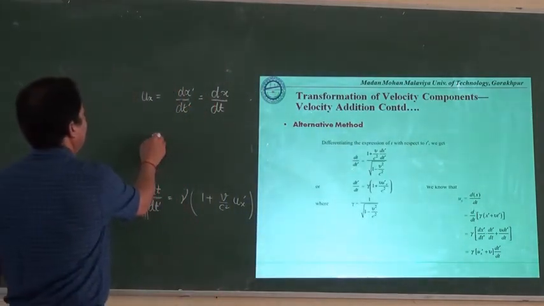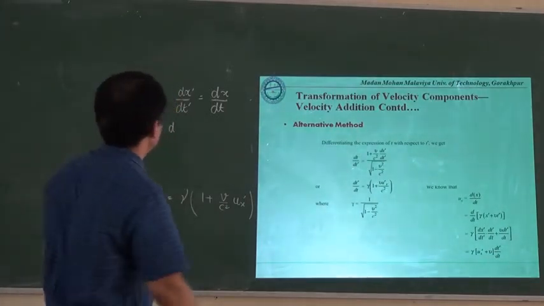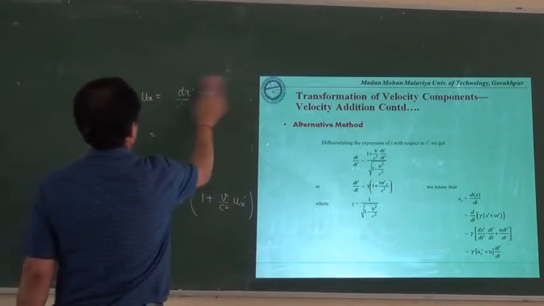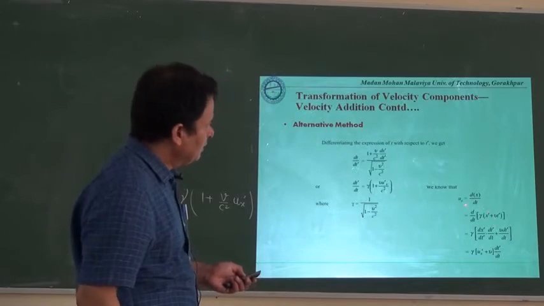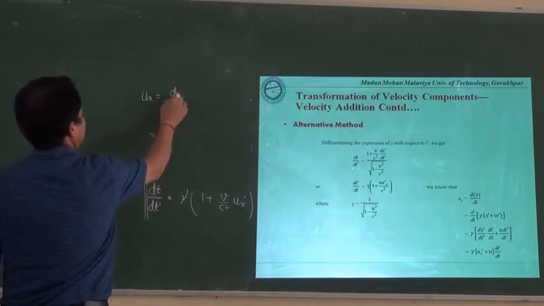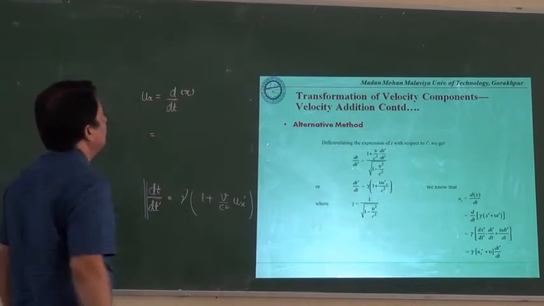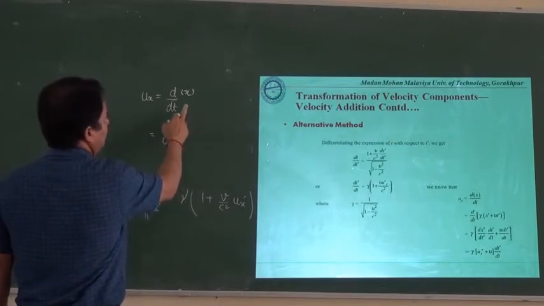One more thing has been taken into consideration that will be better to understand here. The entire expression has been taken in this way, d by dt of x, for example.